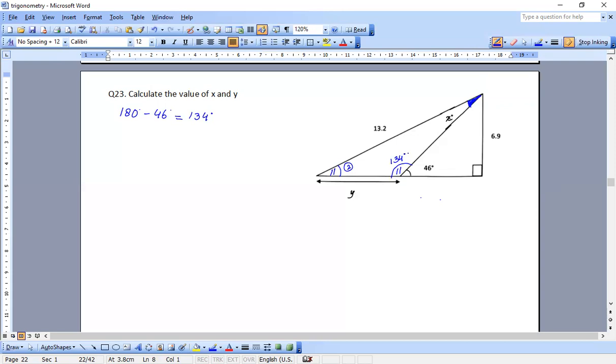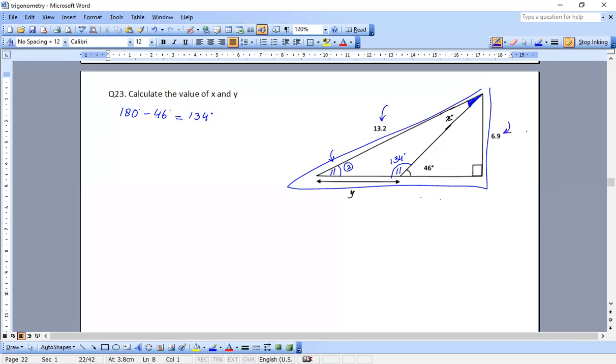Now I have to calculate angle 2. If I look at angle 2, it is over here. In order to find out this angle, I'll need to consider the entire right angle triangle, means this. I'll consider the whole right angle triangle and I'll see that in this right angle triangle, I know the hypotenuse, I know the opposite.